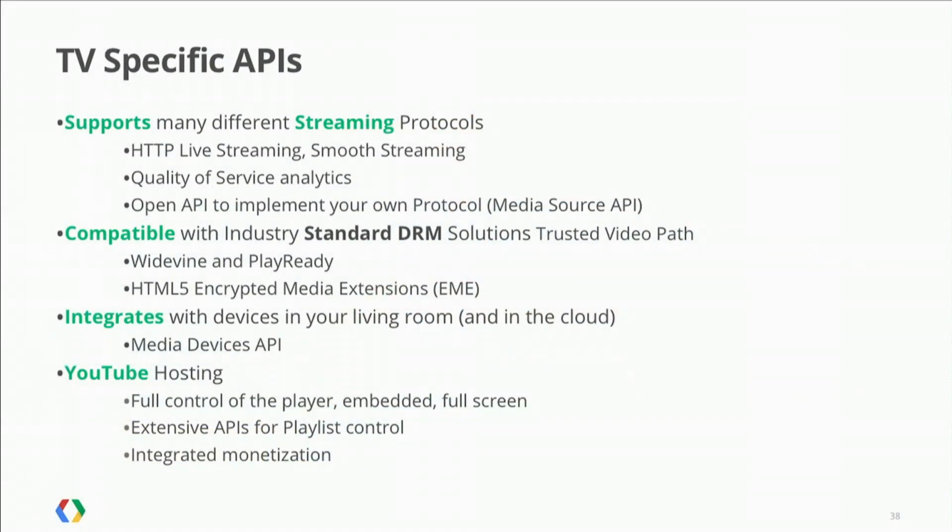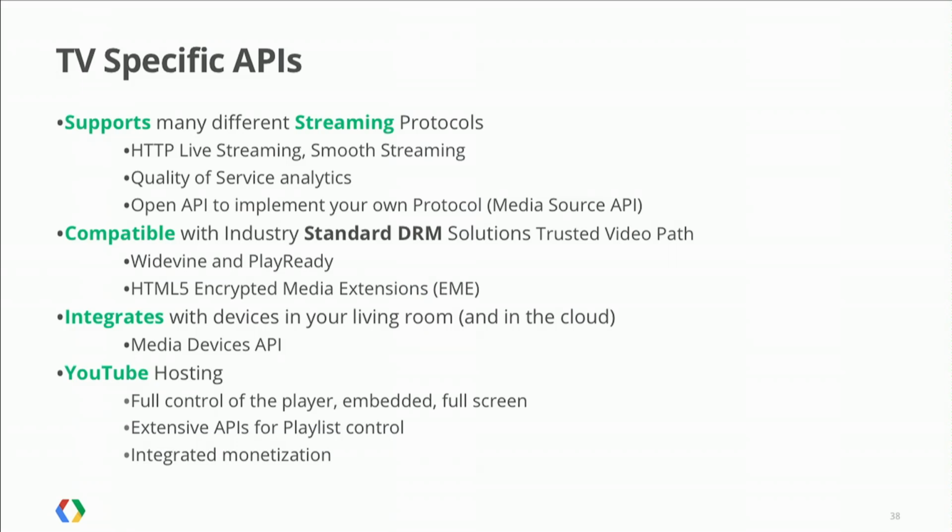For TV-specific APIs, we think for television it's very important to support a large number of streaming protocols. We know you have existing backends, and it's always a very high investment for somebody who has video backends and has encoded a large number of videos. They don't really want to re-encode to a new format.